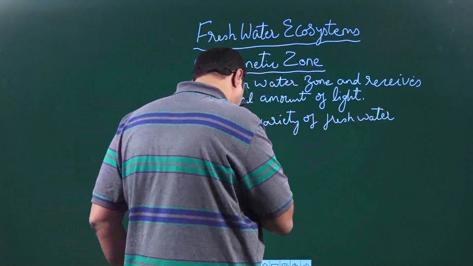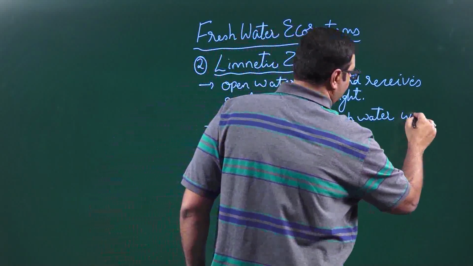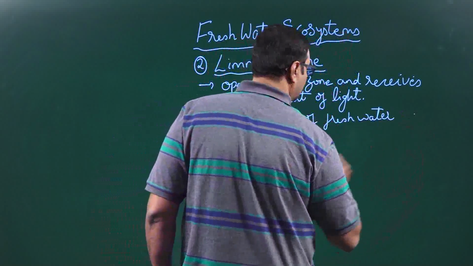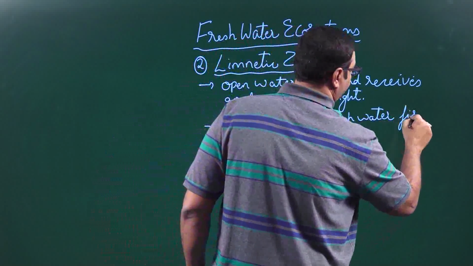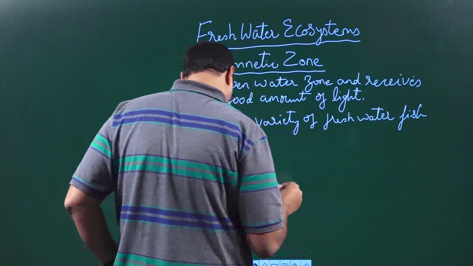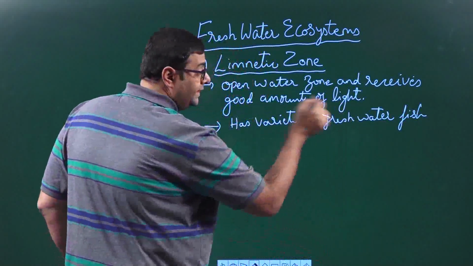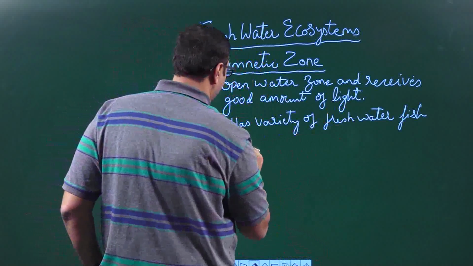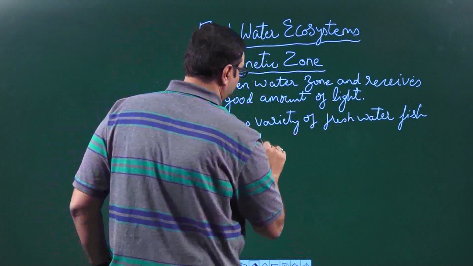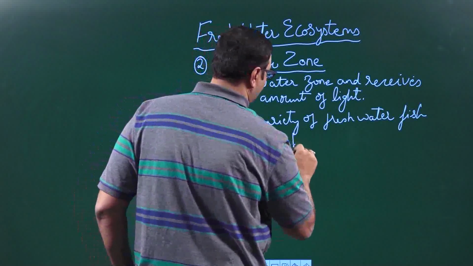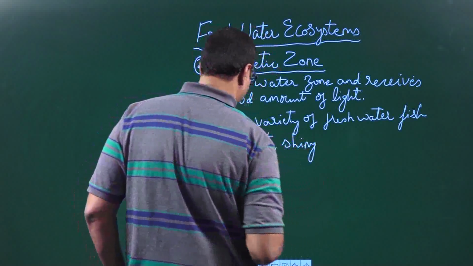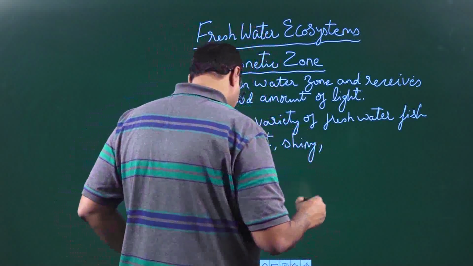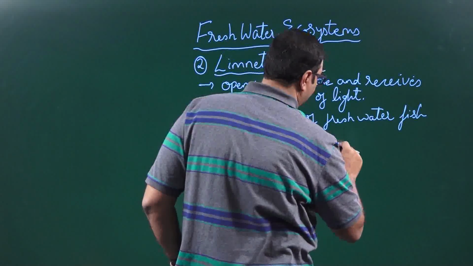Now these fish, whatever are present in the fresh water, they are bright, they are shiny, and they are grayish silver in color.